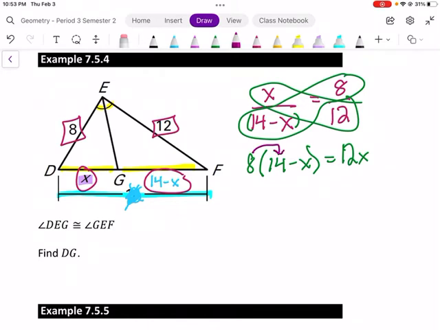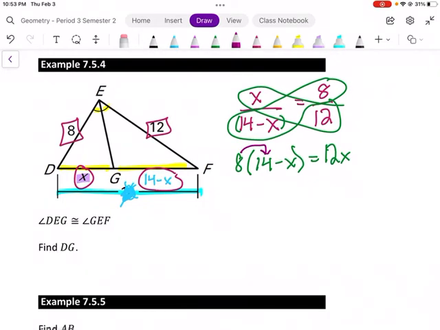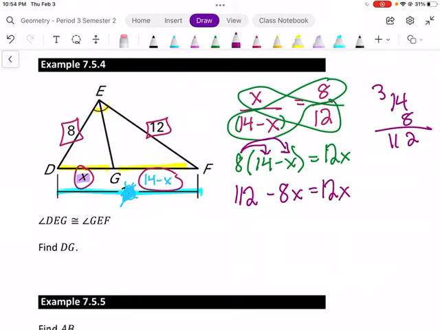Now we can distribute. And if we take 14 times 8, 8 times 4 is 32. 8 times 1 would be 8, 9, 10, 11. So we're going to have 112 minus 8x, because don't forget we have to multiply the 8 by that as well, equals 12x. Go ahead and add 8x to both sides.